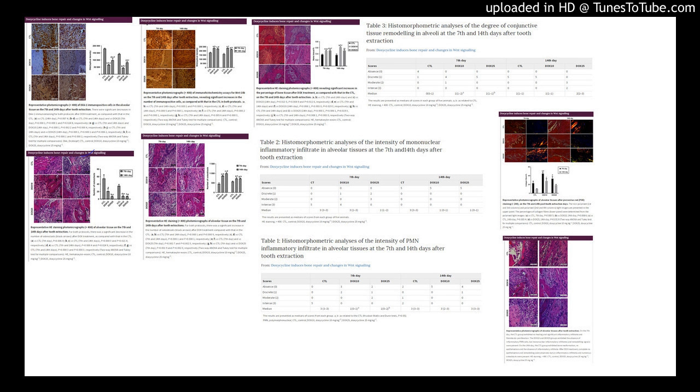Figure 1. Representative photomicrographs of alveolar tissues after tooth extraction. On the 7th day, the CTL group exhibited no healing and significant inflammatory infiltrate and fibroblastic proliferation. The DOX10 and DOX25 groups exhibited the absence of inflammatory PMN cells, but mononuclear inflammatory infiltrates and remodeling signals were present. On the 14th day, the CTL group exhibited bone neoformation, re-epithelization and the absence of inflammatory infiltrate.